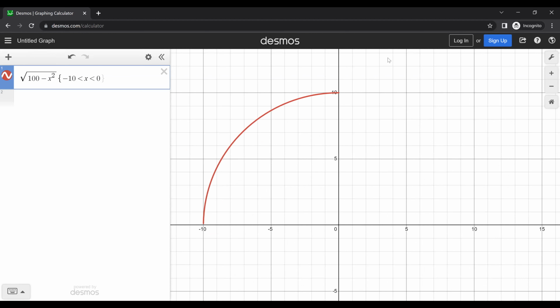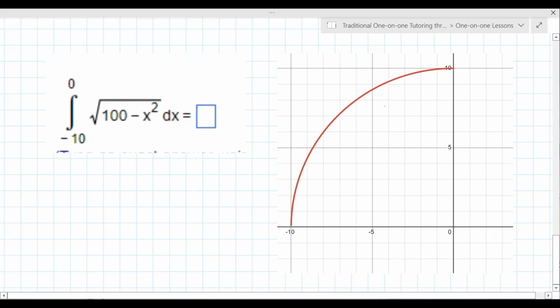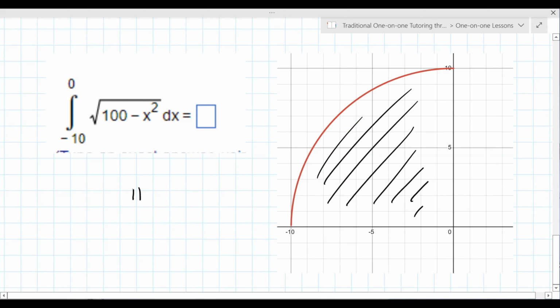The area under the curve here is this quarter circle. The area of a circle is pi r squared, but you only have a quarter of it. The radius in your problem is 10. So you have 1/4 pi, 10 squared, and that becomes 25 pi.